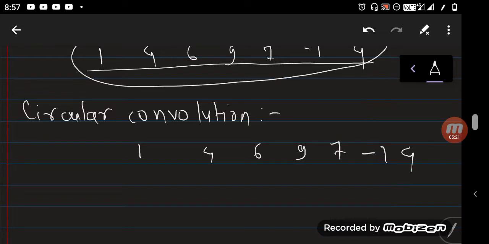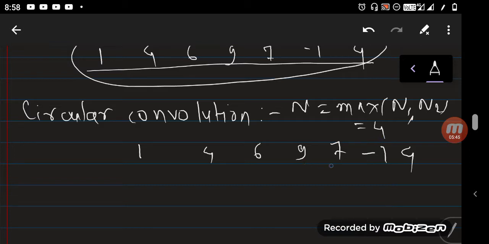In circular convolution, the number of samples in the final convolved sequence will be equal to the maximum of n1 and n2. So n1 is 4, n2 is 4, so the maximum will be 4. So no padding will be required.